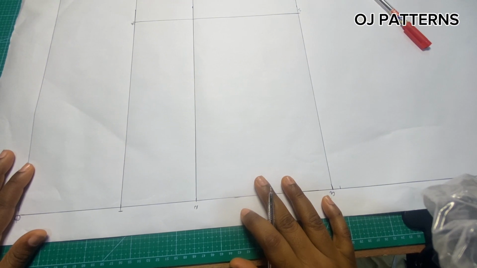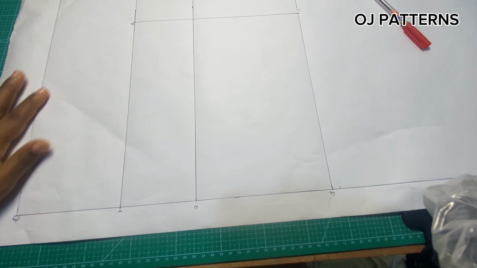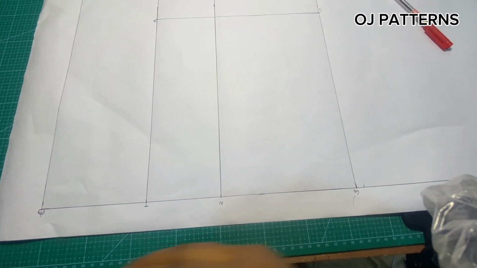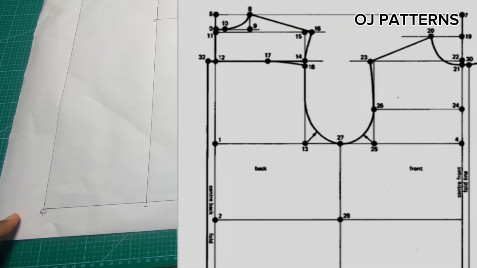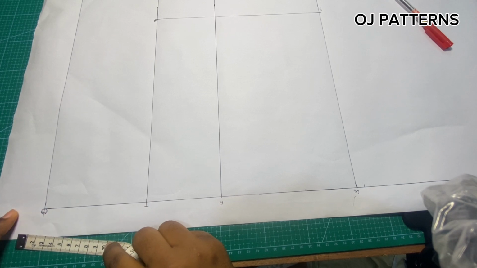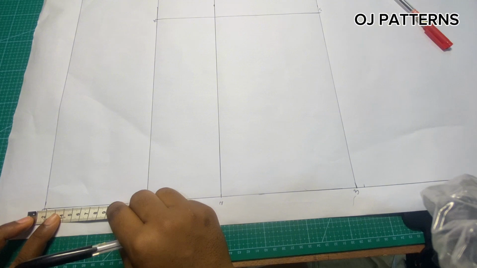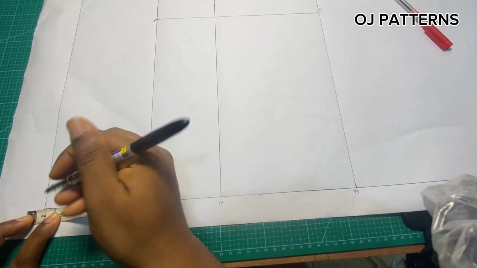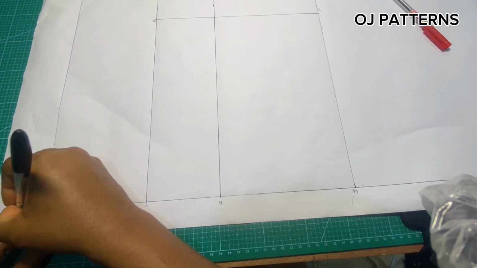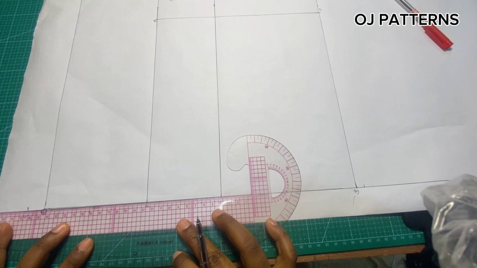Okay, next step. 0 to 6 is 3.5 cm. The 3.5 is standard. If you check the picture on the side of the screen, you realize that 0 to 6 is going upwards. So from 0 you measure 3.5 cm upwards, and square it out to touch point 6.